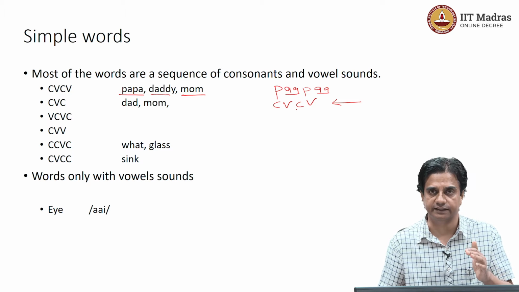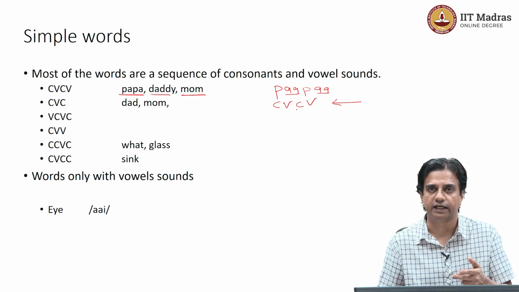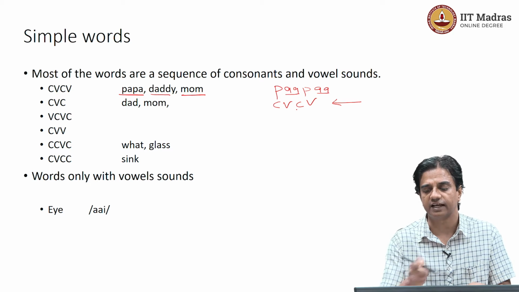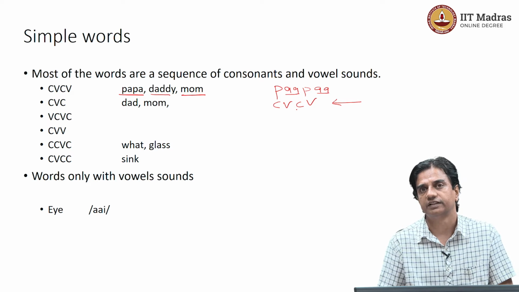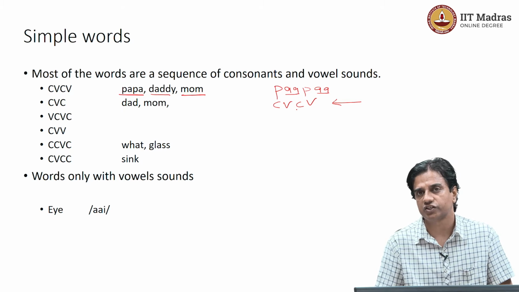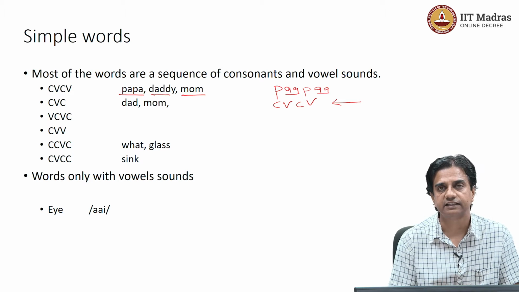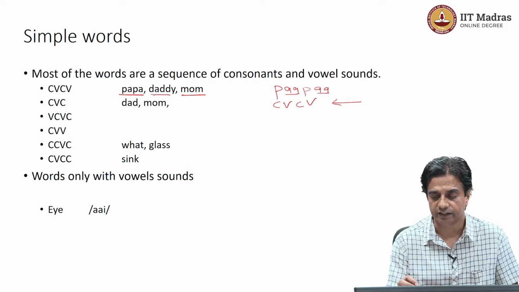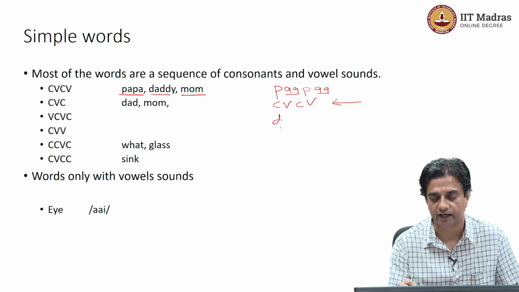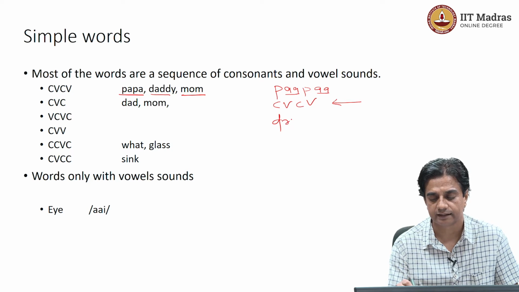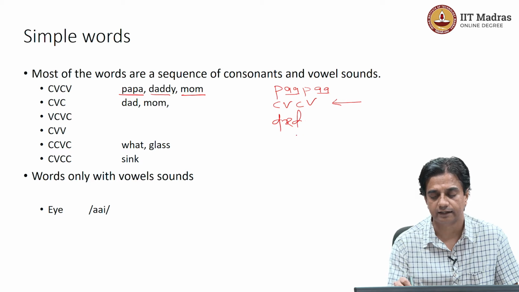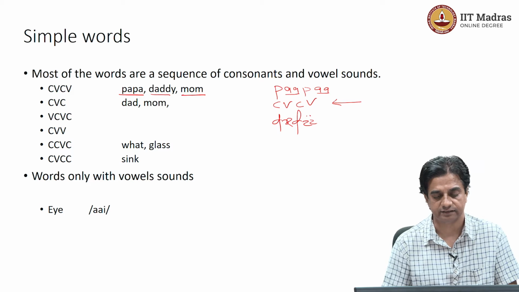So that the word becomes papa, and we identify it as a sequence of CV, CV, that is consonant vowel alternation. When you look at the word daddy, you see the sounds are da, a, da, e, daddy.